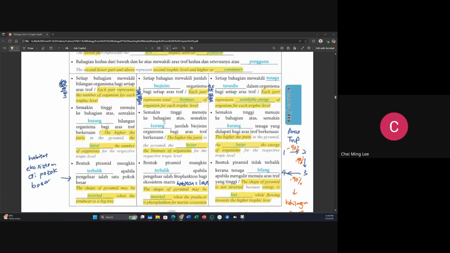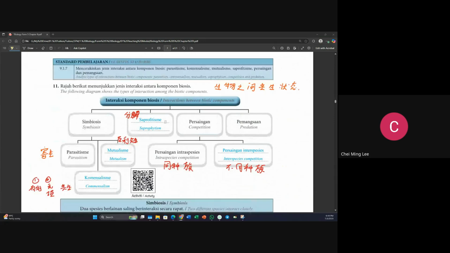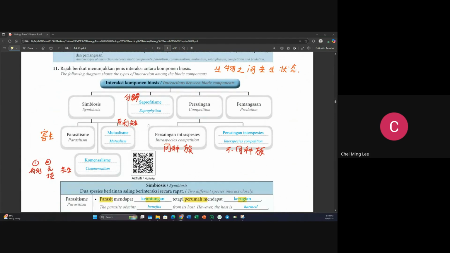Let's see the next one. Okay, so now this is the following. This one shows the types of interaction.